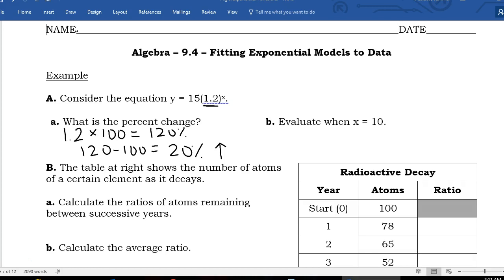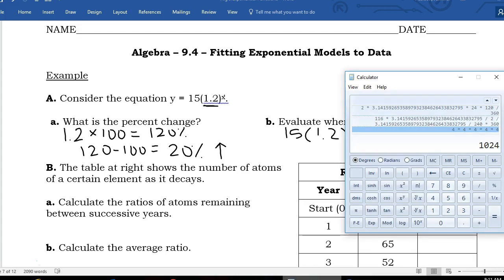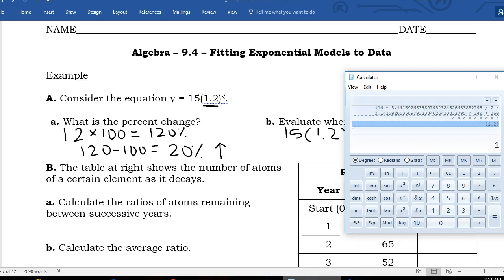Evaluate the equation when x equals 10. I'm going to substitute 10 in for the power right here. So that is 15 times 1.2 to the power of 10. 15 times 1.2 to the power of 10 gives me 92.9.